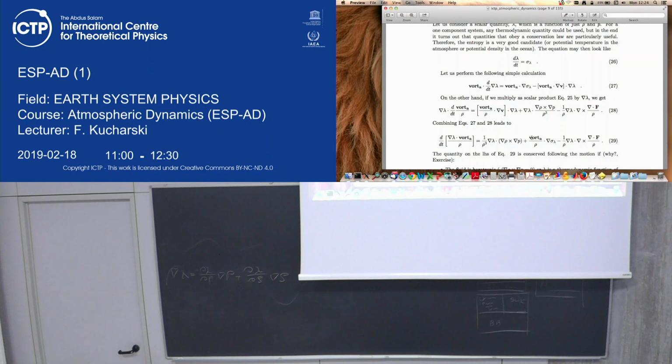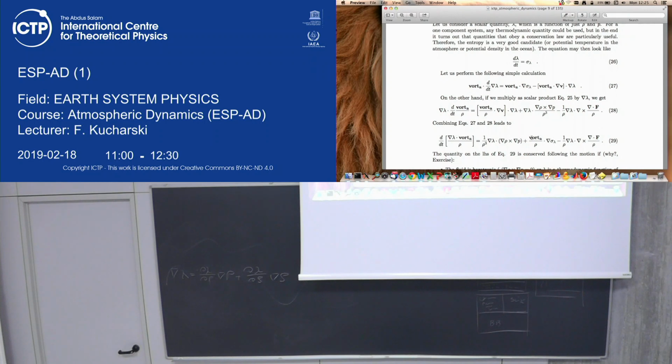But that means that this cross product is perpendicular to gradient rho and to gradient p. That means that with this it completely vanishes. All terms in this equation vanish identically. No further approximation. This is gone. But we are still left with these terms here.